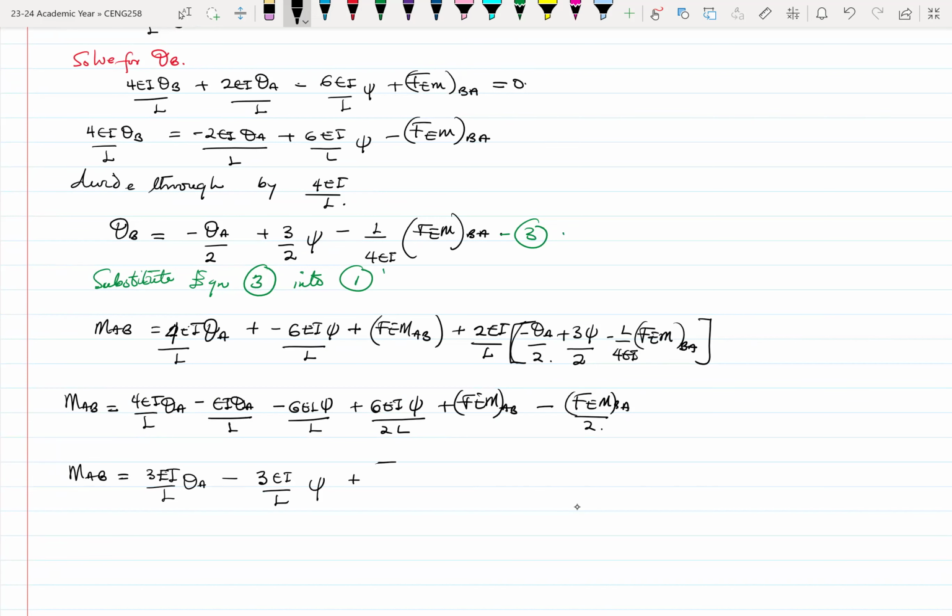Then let me put these into brackets because they are important: the fixed end moment FEM AB and then BA over 2.